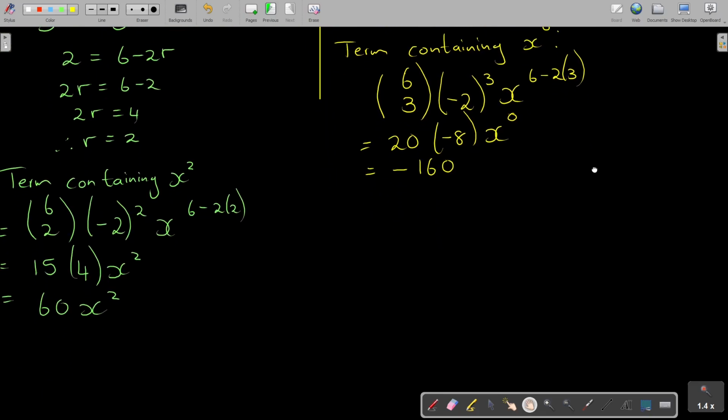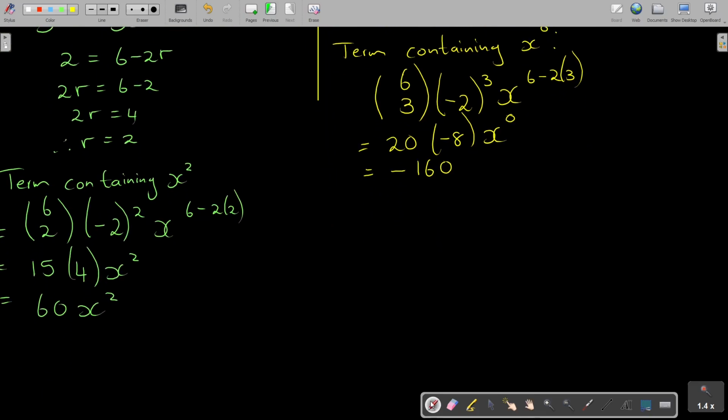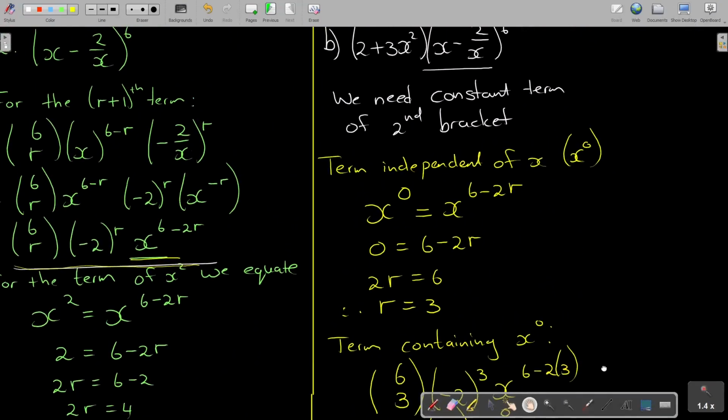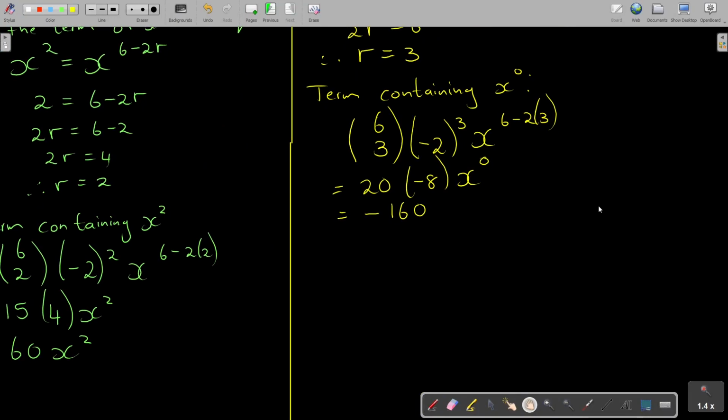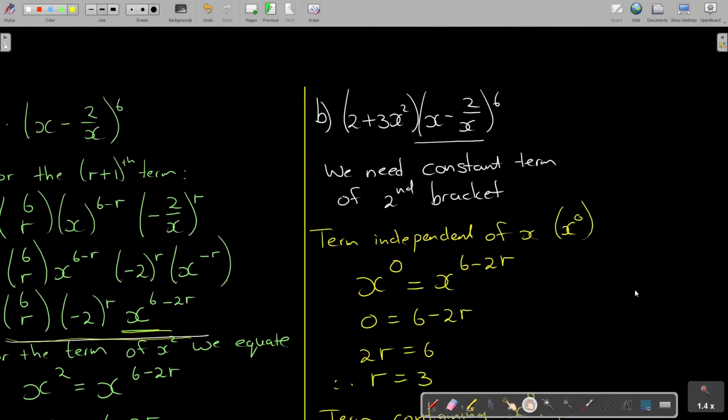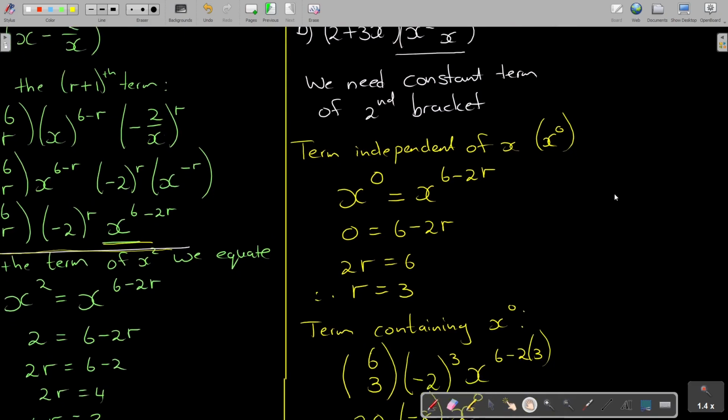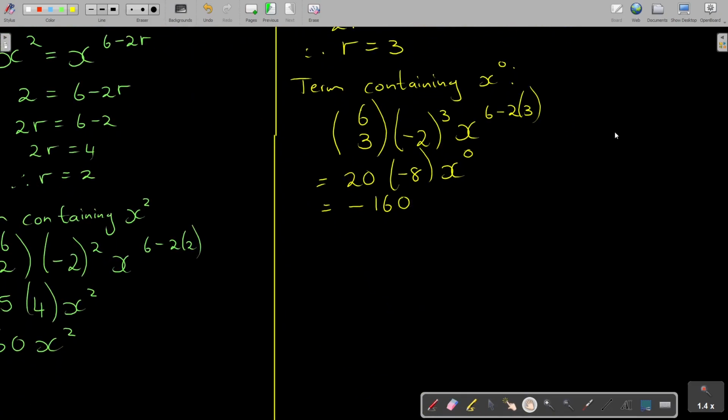Okay, now I can start with my two brackets. Let's just continue here. So basically I have now my first bracket. I'm going to write down the brackets again. That bracket was 2 plus 3x².